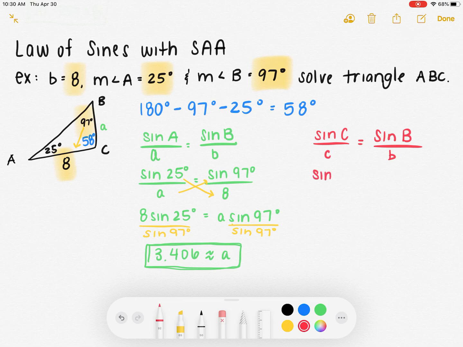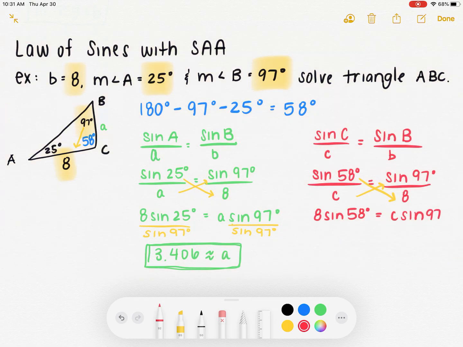I know angle C is 58 degrees. Side C is what I'm looking for. And then sine of angle B is 97 degrees over side B is 8. Again, cross multiply. And I get 8 sine of 58 degrees equals C sine of 97 degrees.